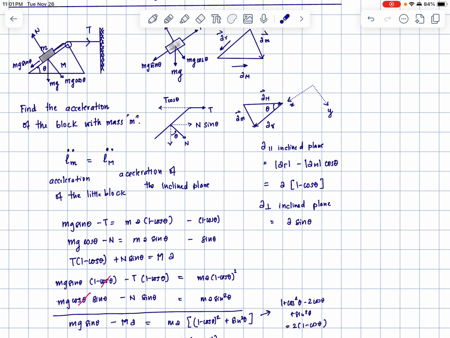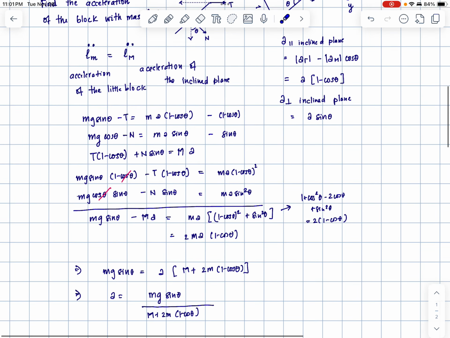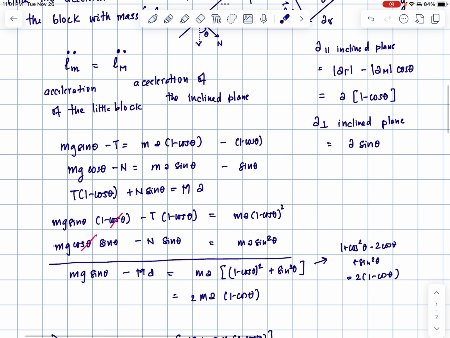So what we did was resolve the accelerations along the inclined plane and perpendicular to the inclined plane. Once we got that, Newton's laws are pretty simple to write. We wrote Newton's laws for motion along the inclined plane and perpendicular to the inclined plane, and this is Newton's law for the inclined plane itself.